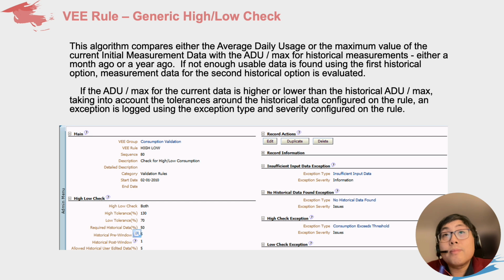So with a simple configuration, you can easily tell how the rule actually works, and it just works very simply using the ADU, using the linear calculation for the scalar reads.